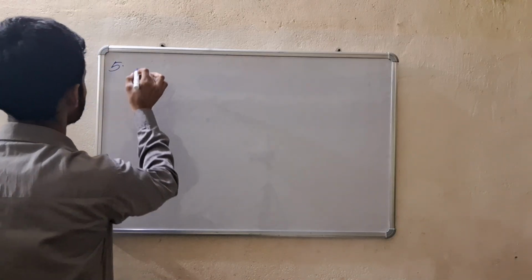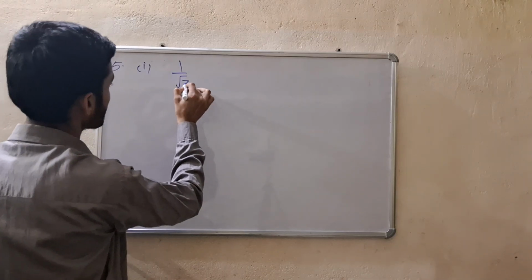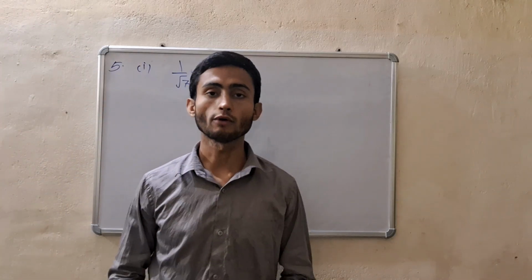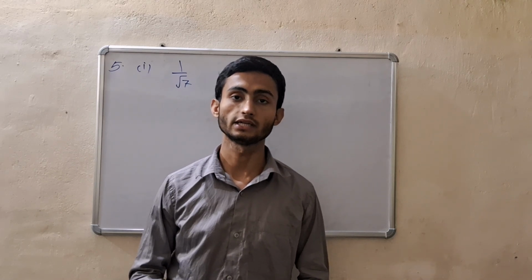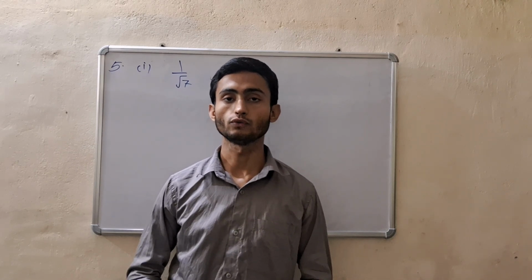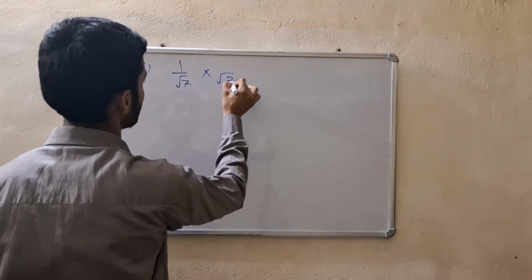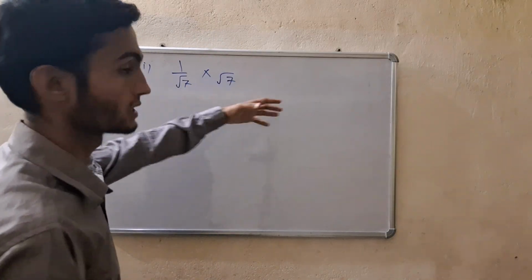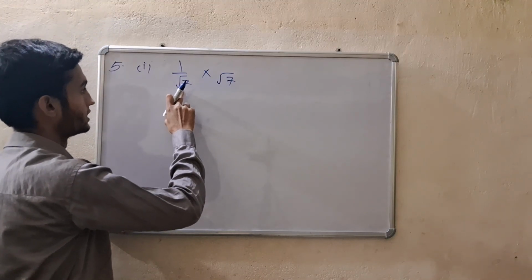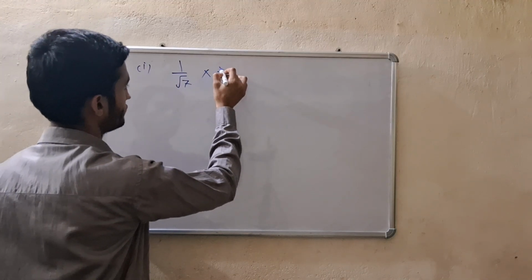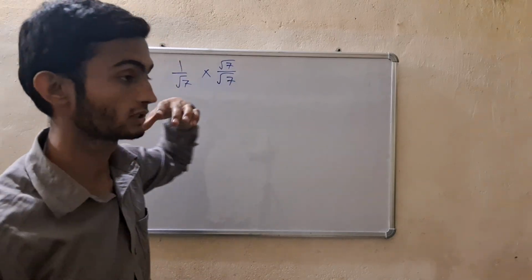The first is 1 upon square root of 7. As you can see, the denominator, square root of 7, is not a rational number, it is an irrational number. So what do we do? We multiply it by square root of 7 so that it becomes 7. Since we are multiplying the denominator by square root of 7, we do the same with the numerator so that the value doesn't change.